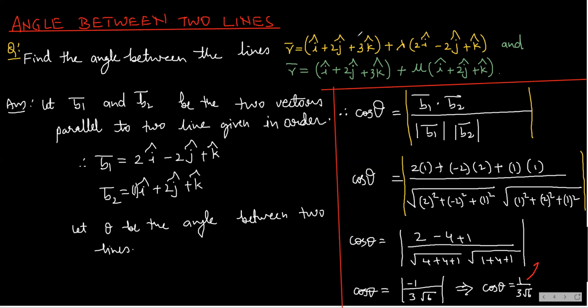So we will leave the answer as, therefore, theta equals, I'm writing here with the red color, the final step: theta equals cos inverse of 1 upon 3 root 6. This is the final answer. We got the angle between the lines. I hope you followed this. You can solve many such similar questions on your own.